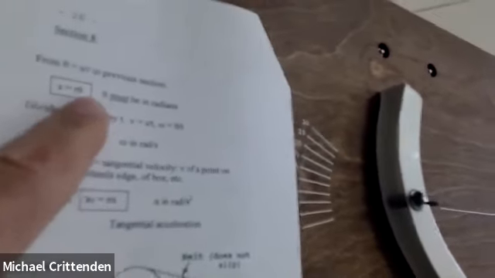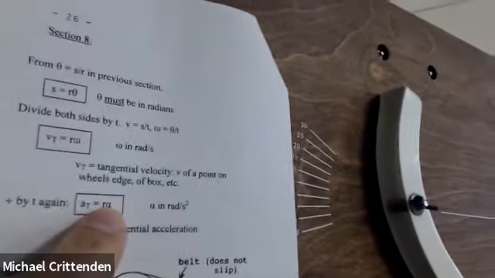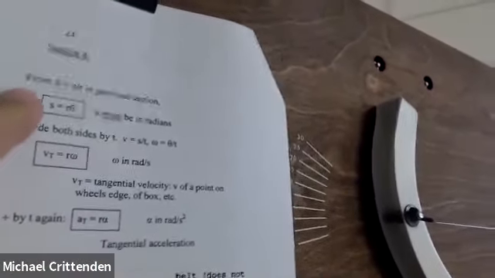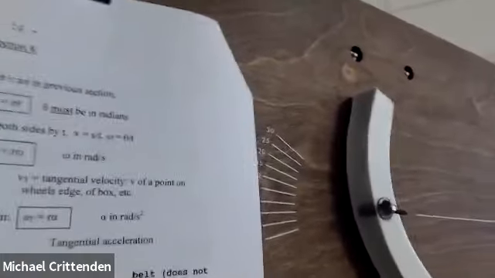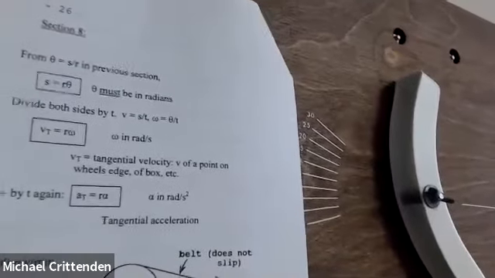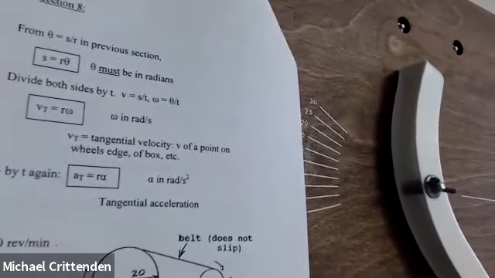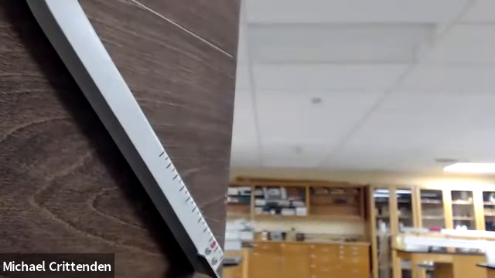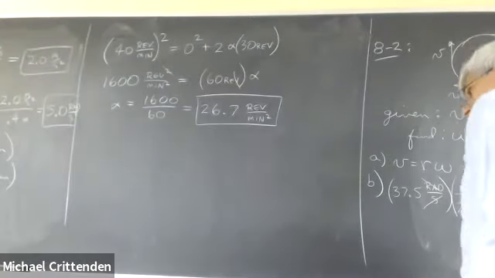So, you know theta and omega and alpha, and the question's now asking you for distance, velocity, and acceleration for that box. So what equations do you suppose you ought to be using? Well, pause it here, work through the details. As soon as I get a little more of the blackboard erased, I'll write them out.